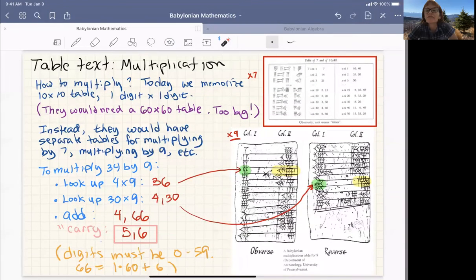But we also have table texts. So let me just tell you a little bit about why. So think about when you were in elementary school and you learned how to multiply. The first thing that you had to do is, after you learned what multiplication meant, you had to learn how to do some actual multiplications.